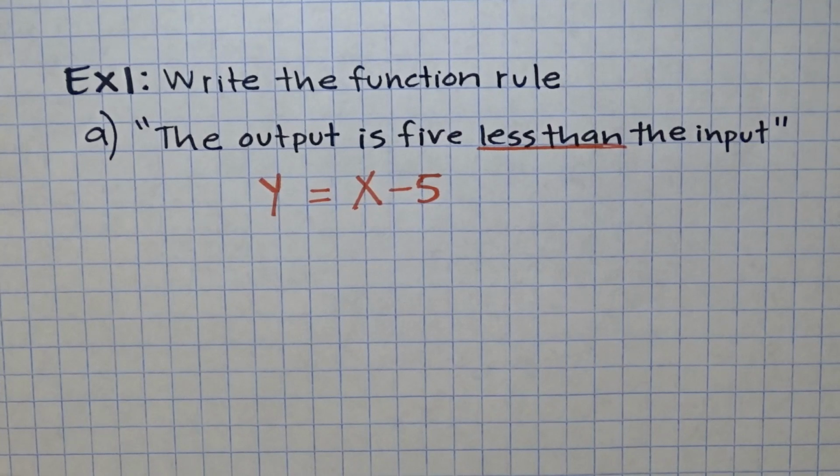So if I tell you that you have $5 less than me, what that means is, if I have $25 and you have 5 less than me, you have 20. If I have $15 and you have 5 less than me, then you have 10. So if I ask you, how much do you have? Your question would be, well, how much do you have?